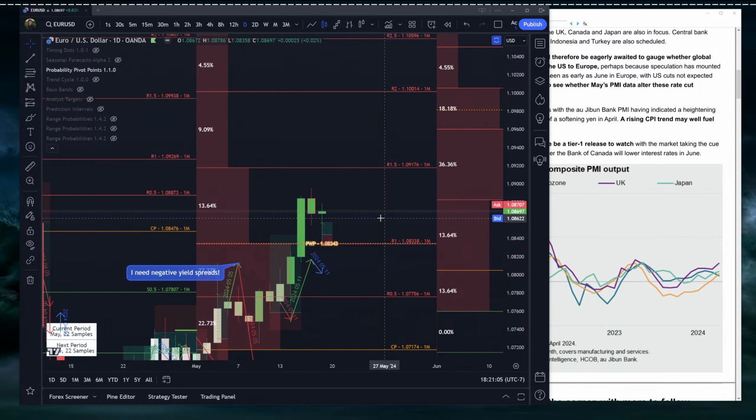But going back to the title of this stream, it's idiosyncratic. Some assets are likely to pop and continue popping probably into the end of the month, and some assets are not. You really have to understand what it is you're trading before you try and position yourself for crazy pops into next week and into the end of the month potentially.